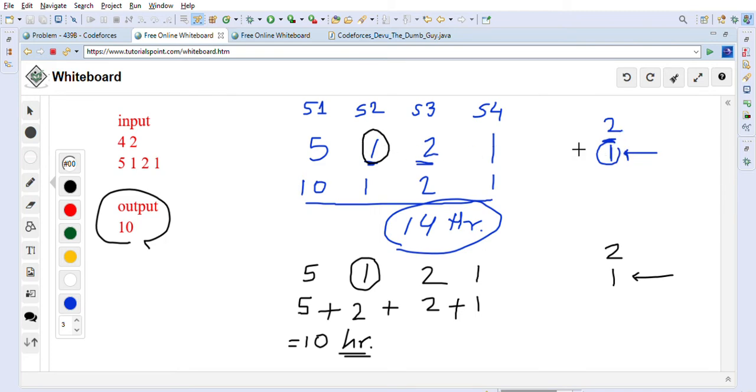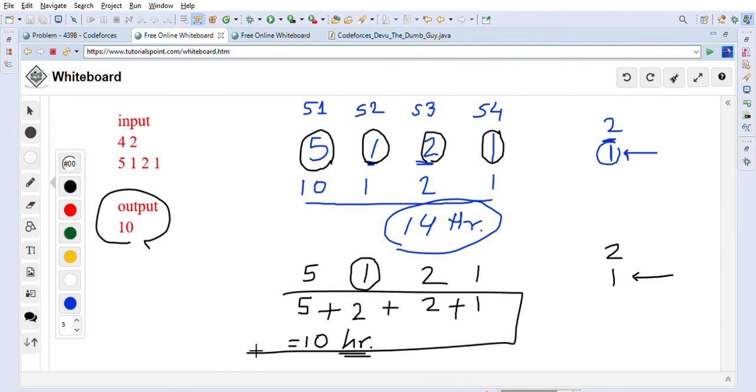The capacity will decrease by 1. The next least amount of chapters is this, so we will take this. The next is this, and the next is this, right? This is how we will go, and we will keep calculating hours for each of these chapters, and then we will sum them up to calculate the total number of hours, as I showed you here. This is the total number of hours, which is 10.